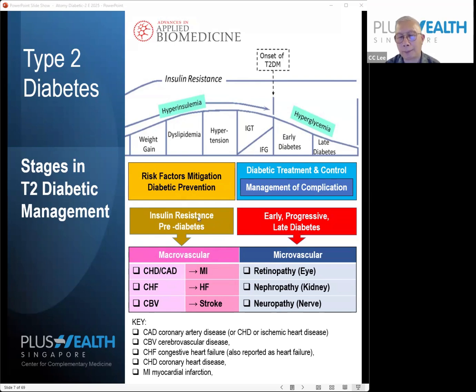Then as the diabetes progresses, the complications arising from microvascular diseases will emerge, like retinopathy, which is the eye disease, nephropathy, which is the kidney disease, and neuropathy, which is the nerve disease itself, right?